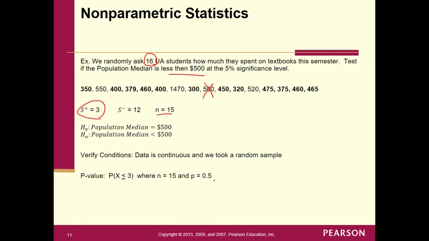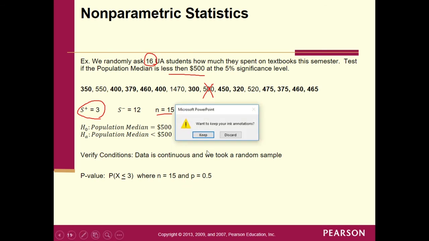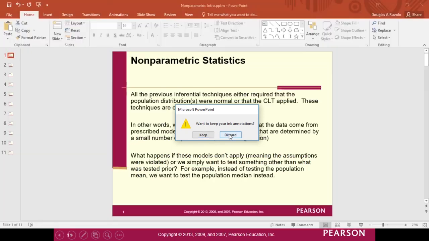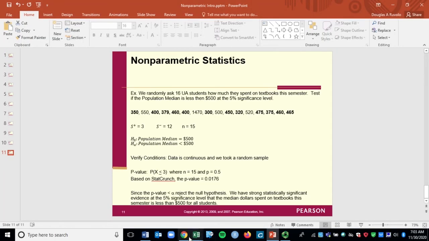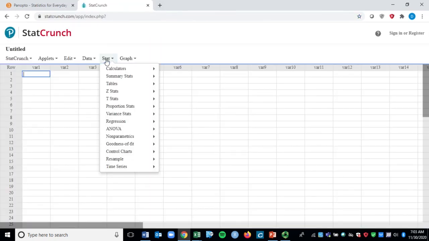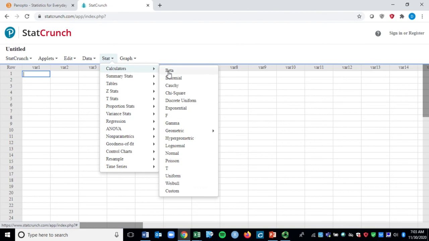Either one, right? So let's say that we go over to StatCrunch. There's StatCrunch. So we go to calculators, stat calculators, and binomial.